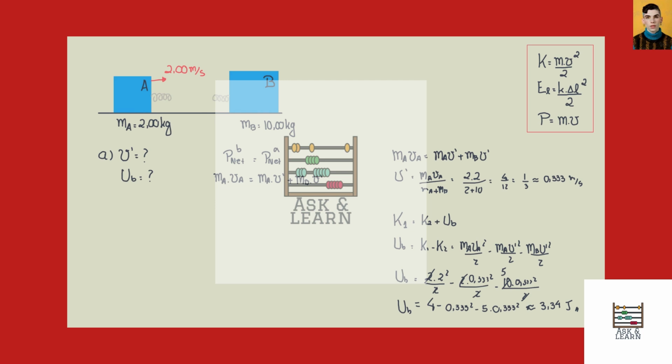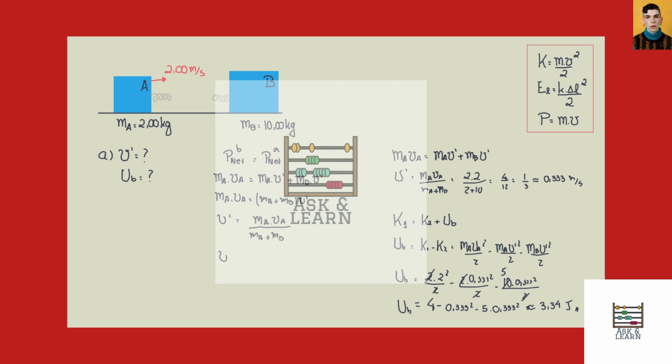Now, all we have to do to discover v prime is solve this equation for v prime, which is not a difficult task. All you have to do is factor v prime on the right-hand side and then solve for v prime straightforwardly. So v prime is given by mA times vA divided by mA plus mB.